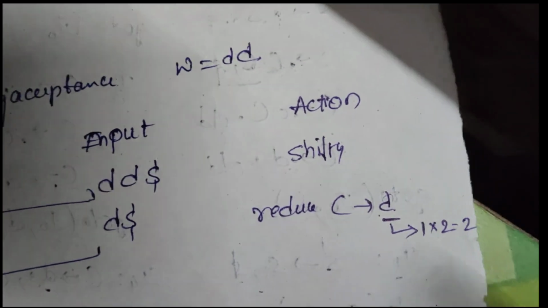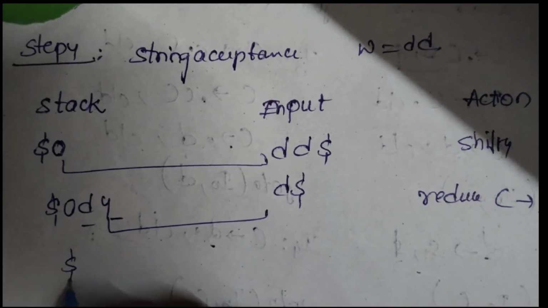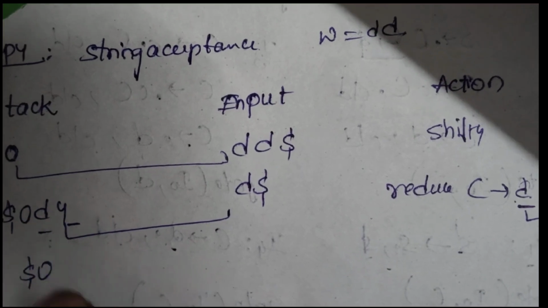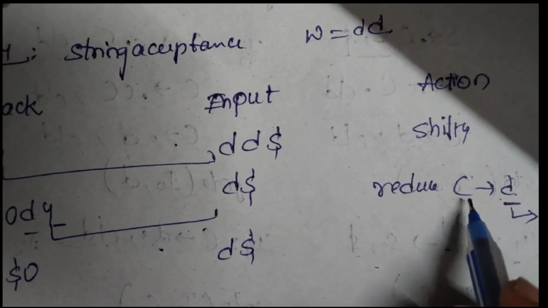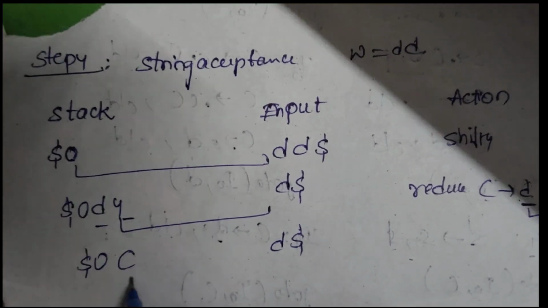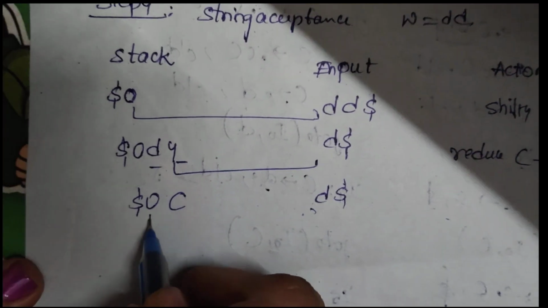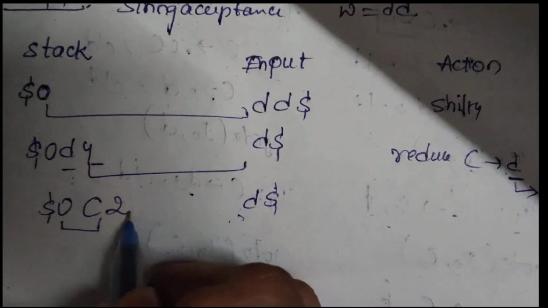We need to pop 2 elements from the stack. So this 2, you will be popping 0. After popping nothing will be left, and D dollar. And you need to push this element here, so capital C and D. Do we have this? No, right? So we have 0 and capital C. What is 0 and capital C? That is 2. So write 2 here.